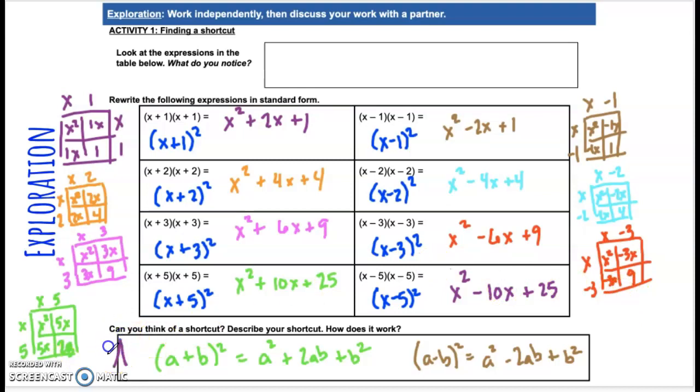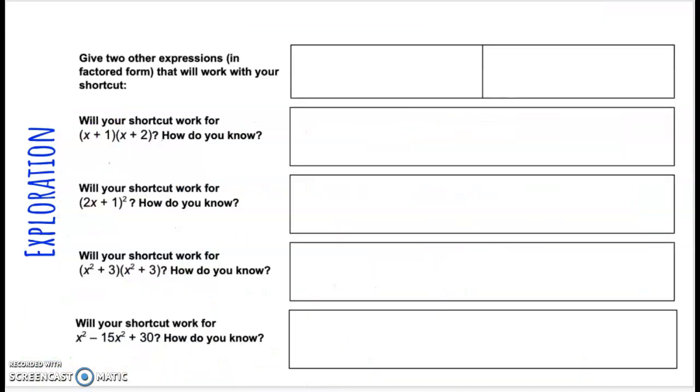All right, so really these key patterns, you can continue to use your box method to multiply them out, but something that might help you move a little more quickly through multiplying your perfect squares is being able to recognize those patterns. Okay, so our shortcuts: a plus b squared was a squared plus 2ab plus b squared.